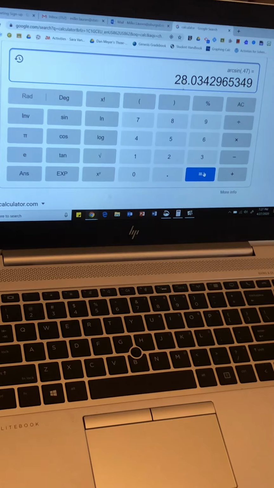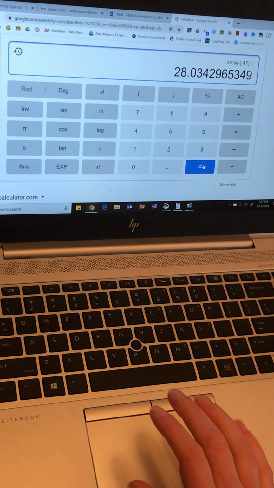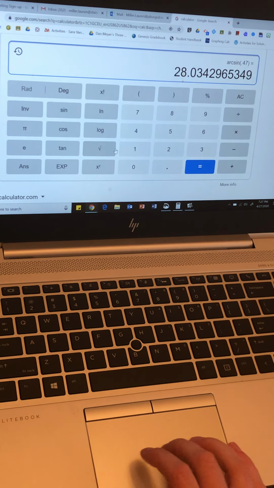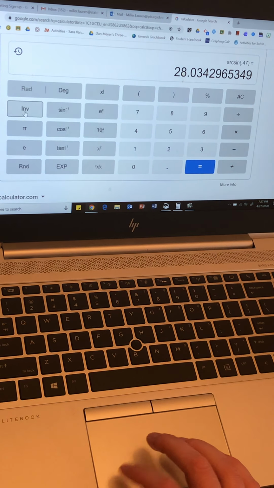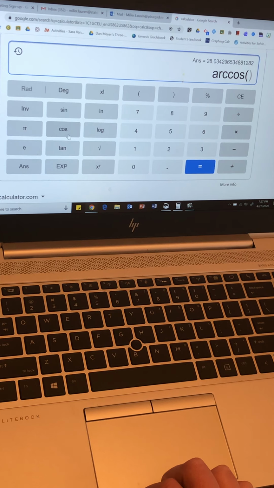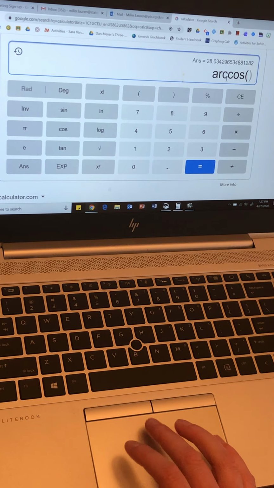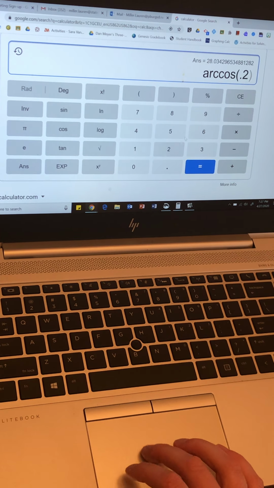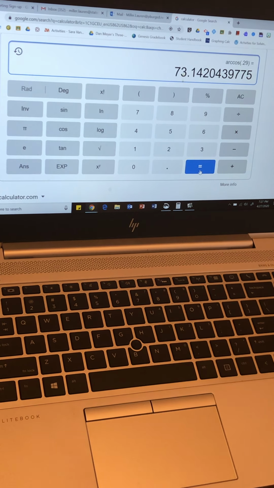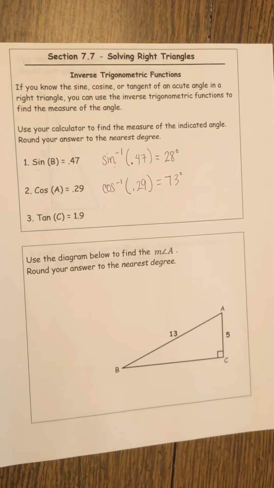I'm just going to show you on my web browser here. So I'm going to touch inverse, then the cosine. Arc cosine means the same thing as inverse cosine. And I'm going to type in 0.29, push enter. So this would be about 73 degrees if we're rounding to the nearest angle measure.